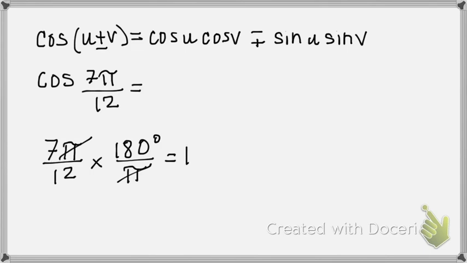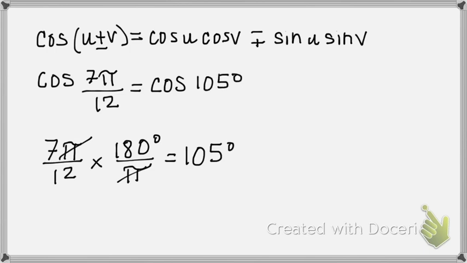And it simplifies to 105 degrees. Now, it could be that that's simplified to something that we couldn't work with. It's a possibility. But 105 degrees we'll be able to work with.